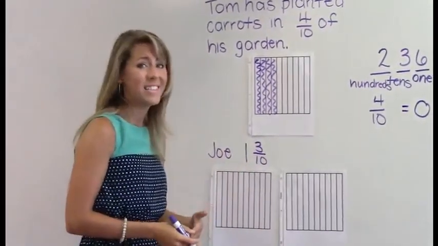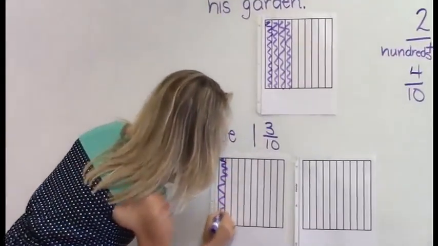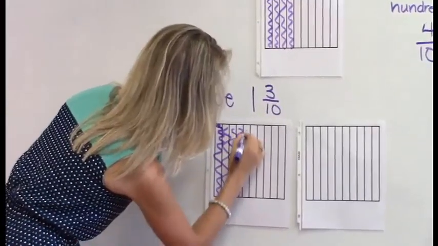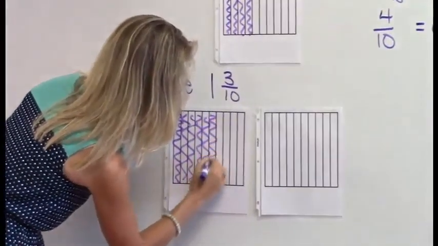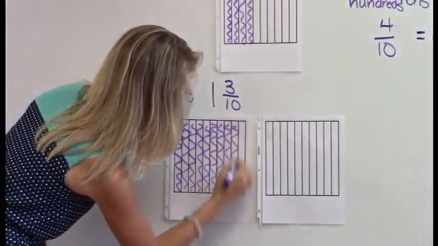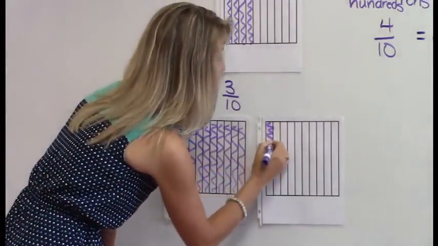To represent this, we need to shade in 1 whole garden, and 3/10 of his other garden.